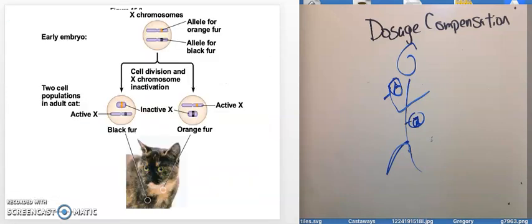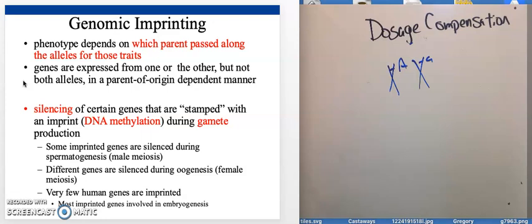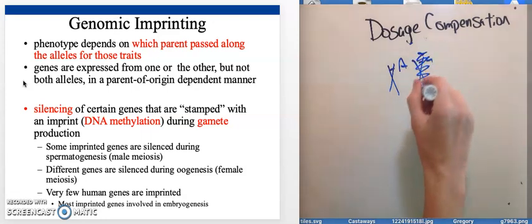What you should know about X inactivation is that it only happens in female mammals, and it's random which of the 2 X chromosomes gets shut off. And the mechanism for shutting them off is a non-coding RNA called Xist, which silences one of the X chromosomes. In every cell in a female's body, one of the X chromosomes is randomly shut off.